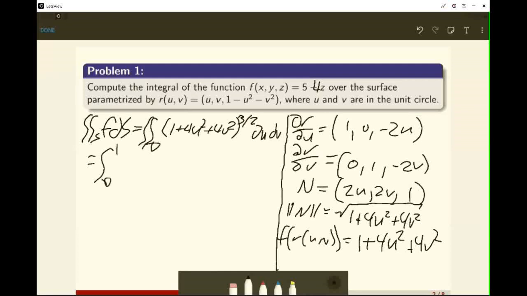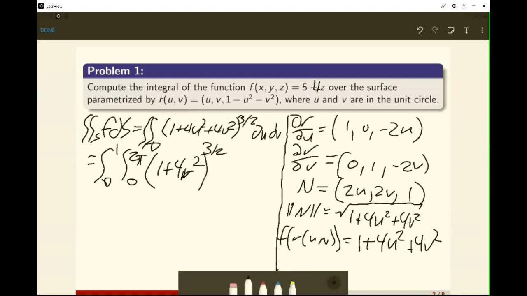So we could say that this is going to be the integral from 0 to 1 and 0 to 2 pi, describing the unit ball, of 1 plus 4r squared.